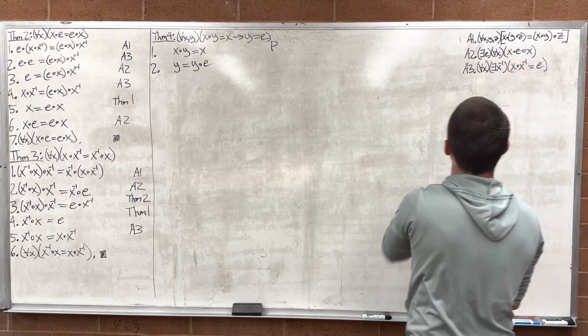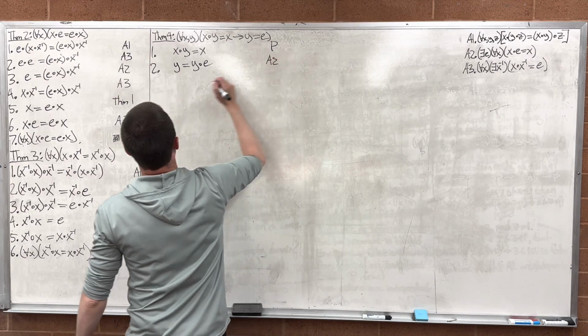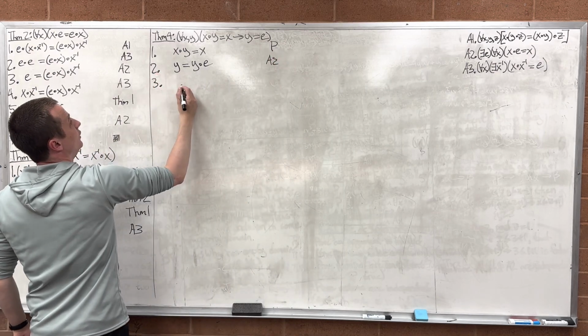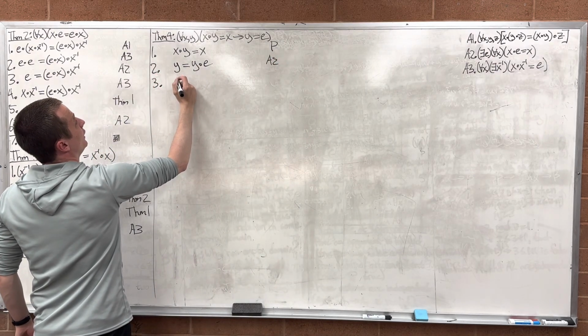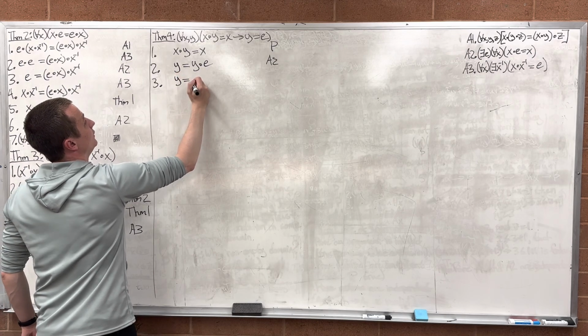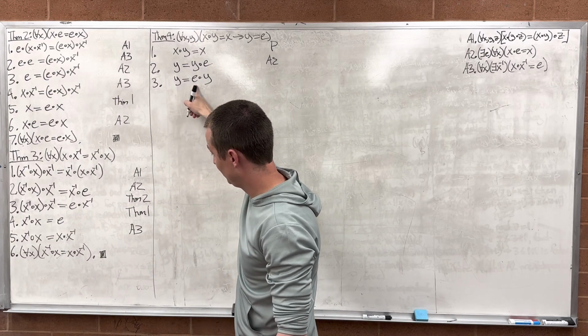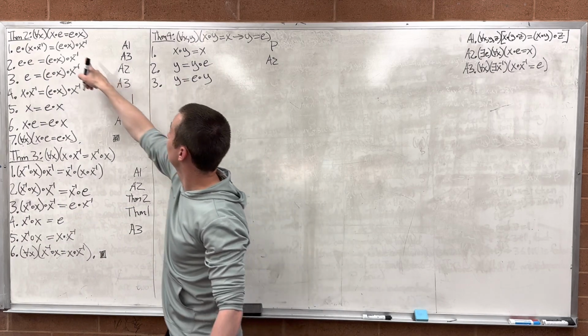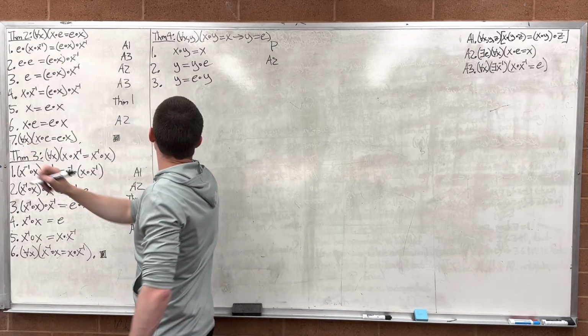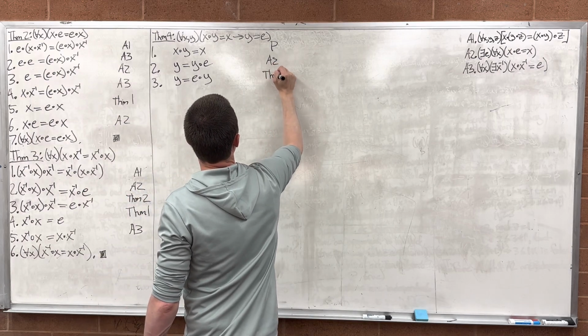So y is equal to y compose e, that's axiom 2. I think I'm going to want to move that around 3 and call that means y is equal to e compose y. And that was using theorem 2.